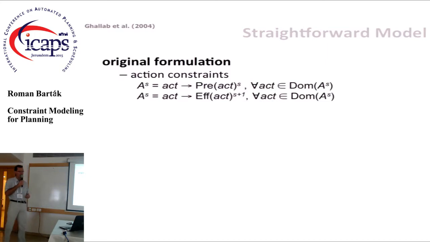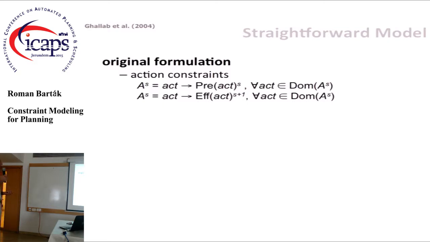So they say, okay, if I want to describe the action, I can say that if the action variable equals a given action, this is a constant, then implication, some constraint must be true between the state variables in the previous layer. Okay? And if I want to describe the effect, it's the same. If a given action variable equals a given action, then some effect constraints must be true in the next layer.